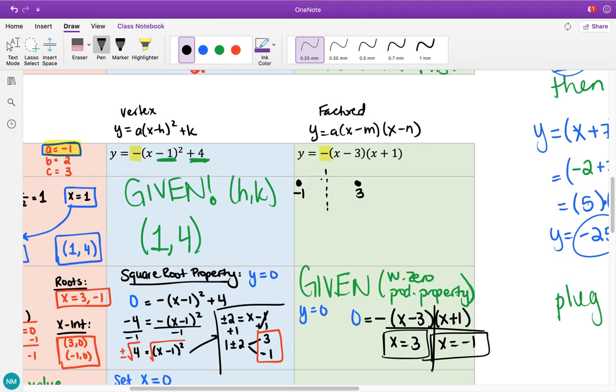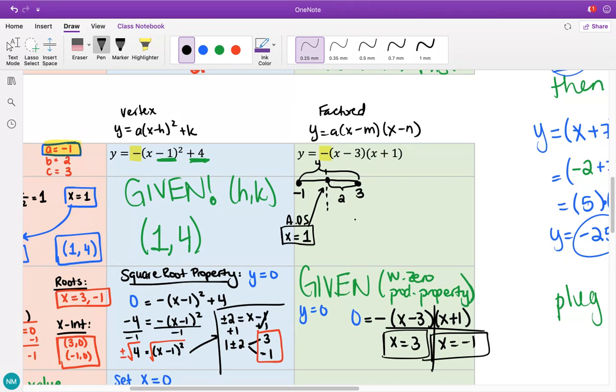Well, there's 4 units in between. So if this is 4, then this is going to be 2, and 3 minus 2 is going to be 1. So x equals 1, I know, is going to be my axis of symmetry.